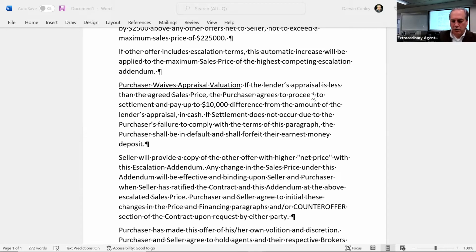Let's see, please role play when two escalation clause offers are submitted, one with a maximum of 225 and a second of 250. So am I the 250 or am I the 225 on that, Val?